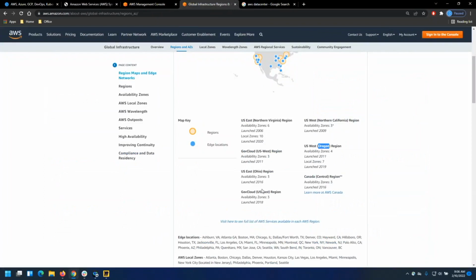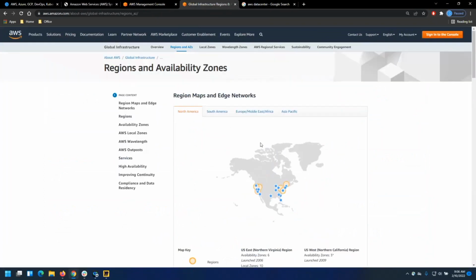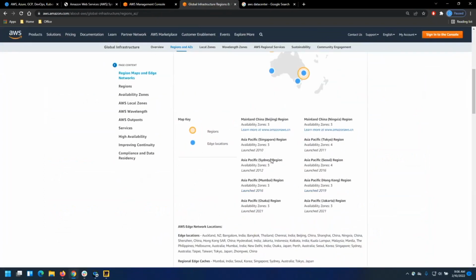For each and every location, the number of availability zones will vary based on the business requirement and the customer demand. Let's say if I go to Asia and Mumbai, it is running with 3 buildings. Let's say people are demanding 6 buildings.